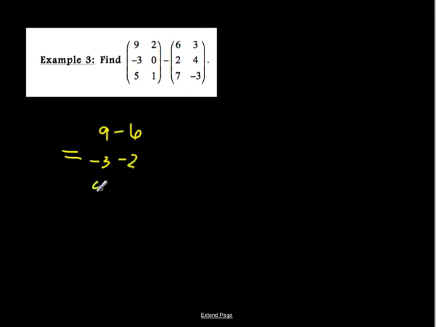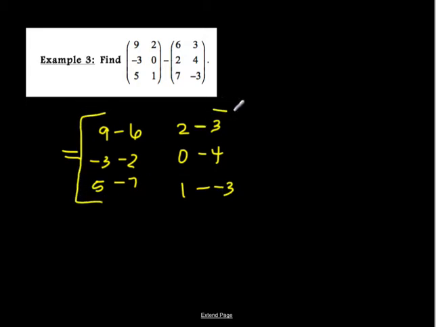Then 5 minus 7. Then 2 minus 3. Then 0 minus 4 and 1 minus a negative 3. So this is what my matrix will look like. Now I just have to simplify.